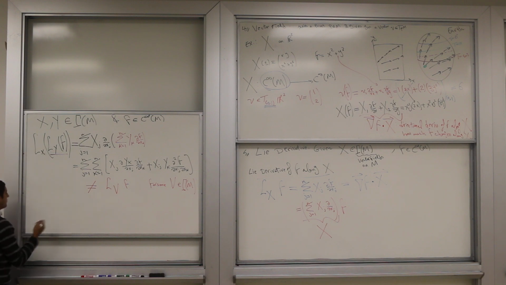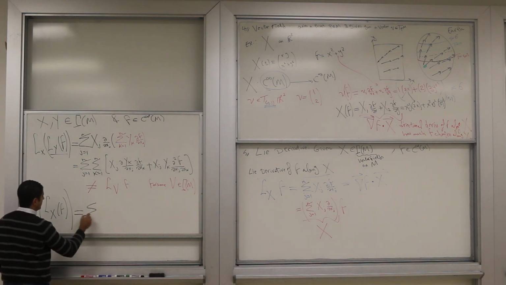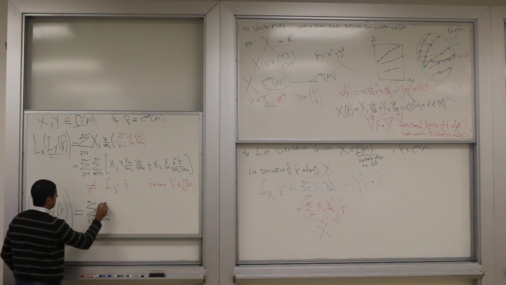Okay, so what about the other way around? Lx Ly. What about Ly Lx? Well, this is not any different. Just replace x's and y's in this expression. Let's do it. So this is summation j from 1 to n, summation k from 1 to n.